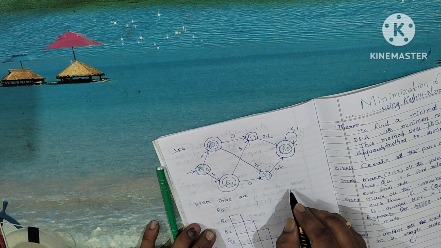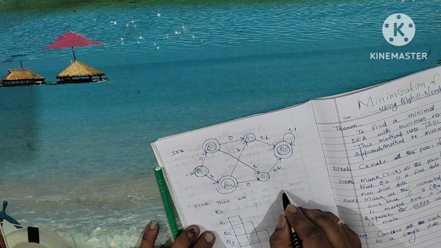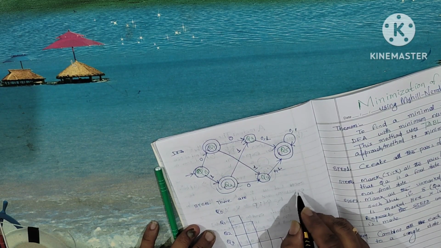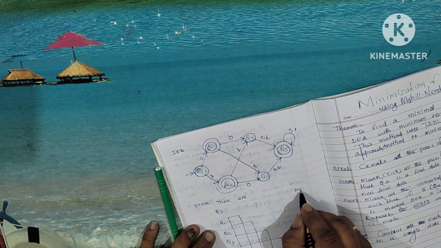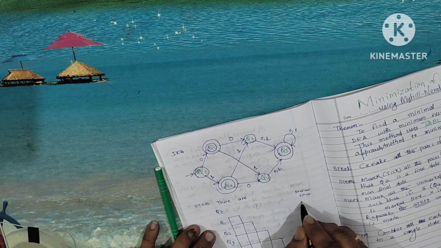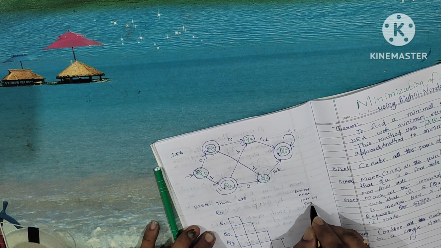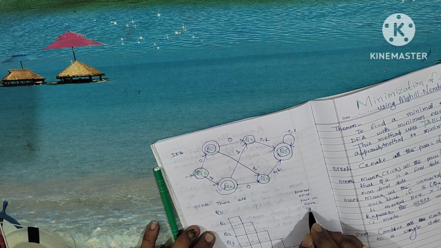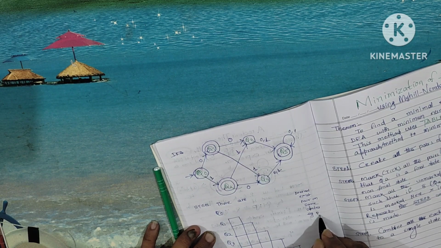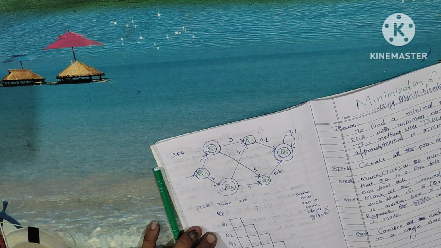There does not exist a pair on the same states. Example, Q5, Q5 does not exist.